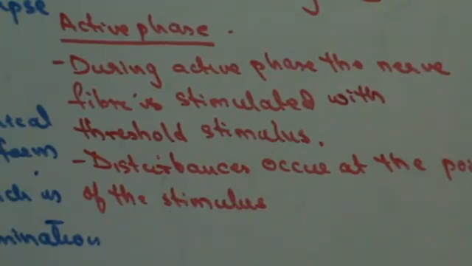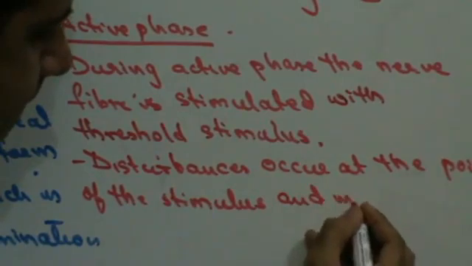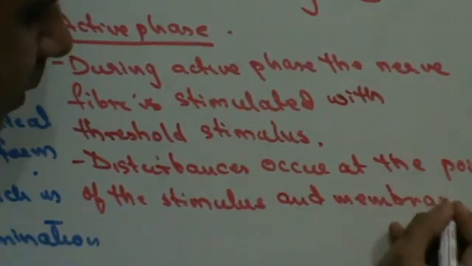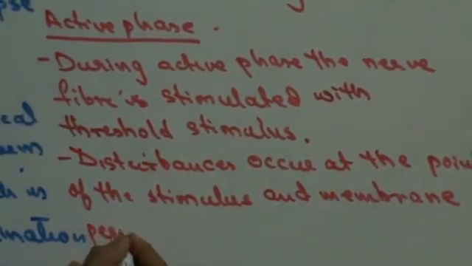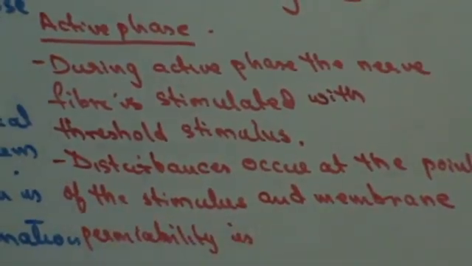Disturbances occur at the point of the stimulus, and the membrane permeability is momentarily reversed.